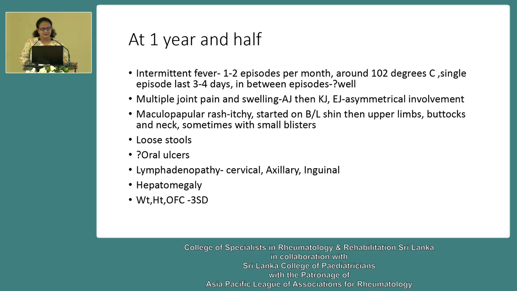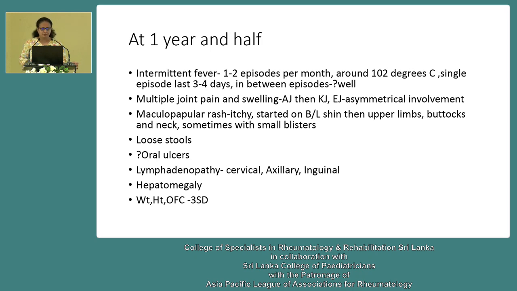At this point, I asked the mother just last night whether she was well between episodes. She was not quite sure, to be honest. What she mentioned was at any point one joint was involved, but with medication it wore off.